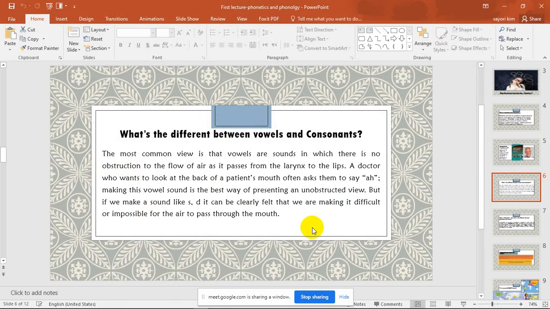This air obstruction could be a strong one, like the air is completely stopped from going out through the mouth or the nasal cavity, like when we have stop consonants, as they were named by J.D. O'Connor, or plosives, as they were referred to by Peter Roach.